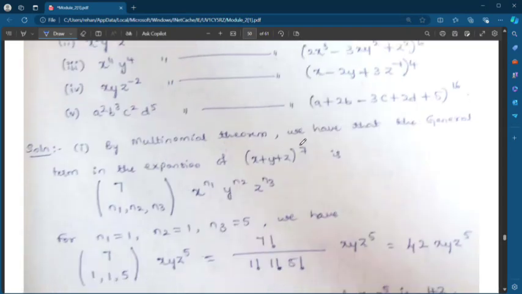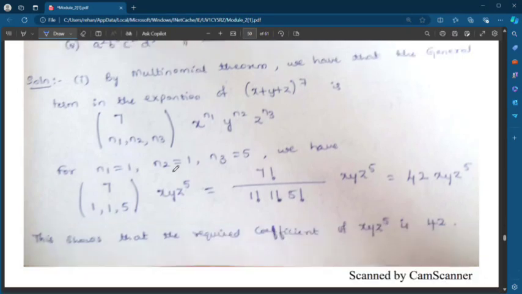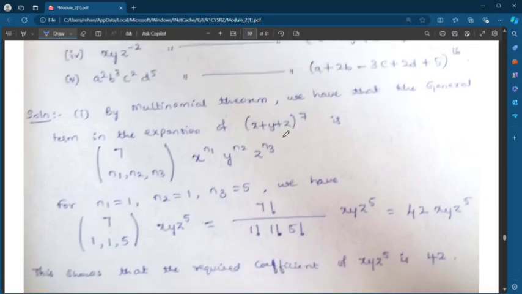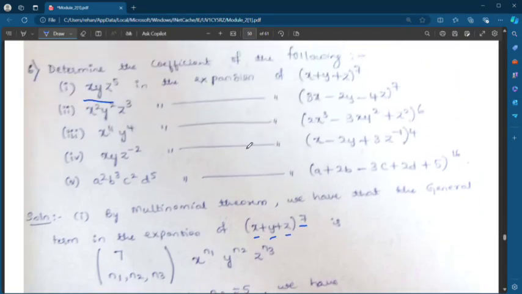By multinomial theorem we have the general term. See here, (x plus y plus z) to the power of 7. I have to write the formula first, the way of writing. This is my n. This is x1, this is x2, this is x3. Now see here, I have x to the power of 1, y to the power of 1 and z to the power of 5. So n1 is 1, n2 is 1, n3 is 5.